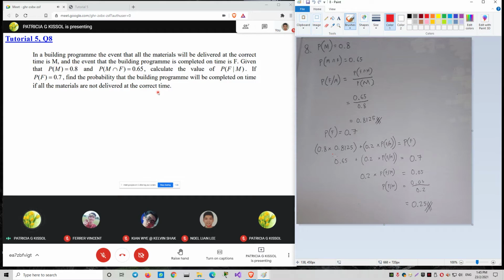So in this case, answering the first part, we identify all the important information first. These are the values given to us, probability of M and F is 0.65. So in order to calculate probability of F given M, we apply the conditional probability formula.